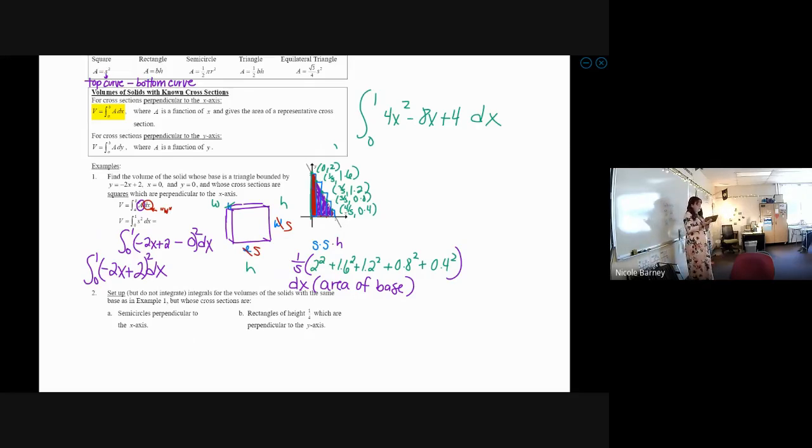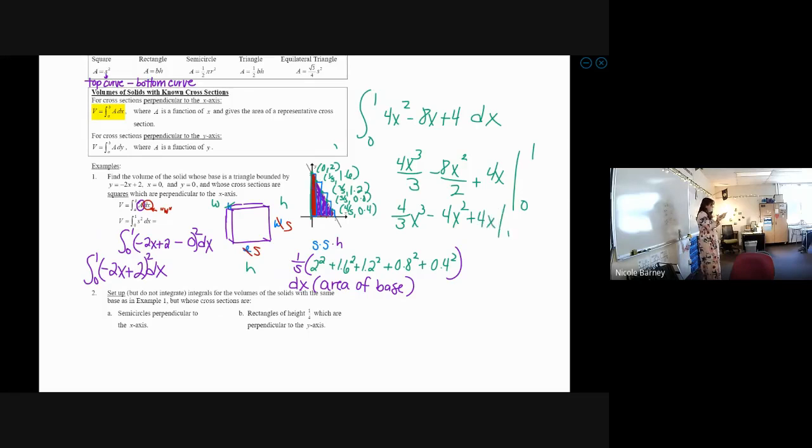Okay, and so then we integrate it, so we have 4x cubed over 3 minus 8x squared over 2, plus 4x. When we get to more complicated ones, you just plug them into a calculator. Well, you can see if we got it right. So 4/3 x cubed minus 4x squared plus 4x, evaluated from 0 to 1.